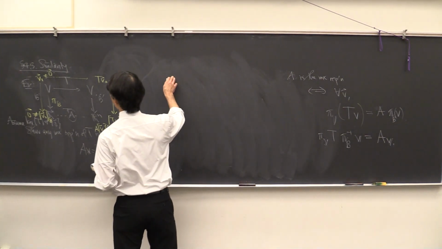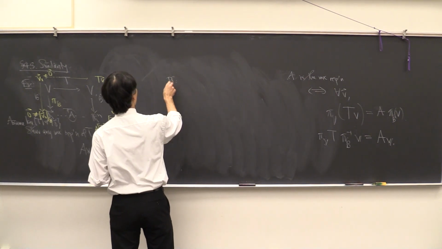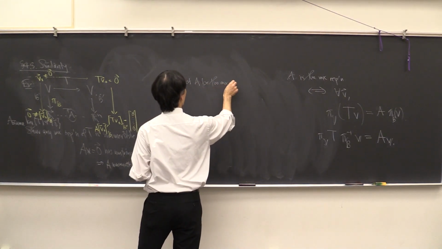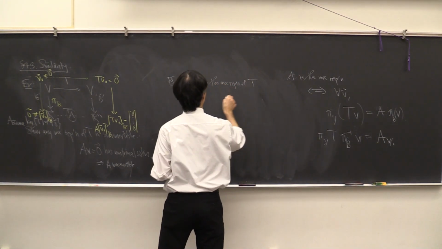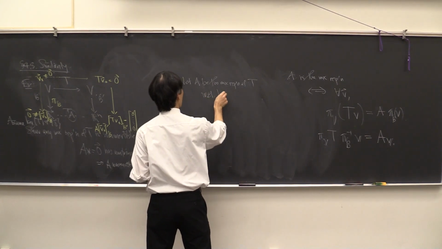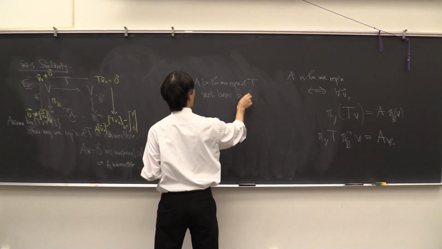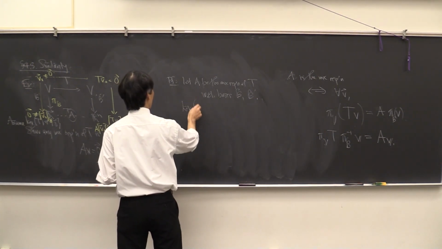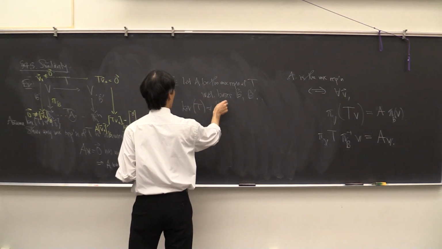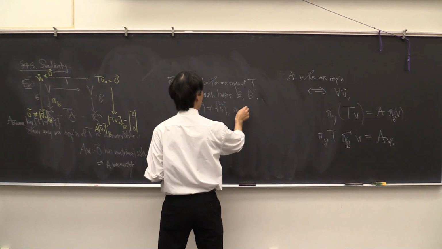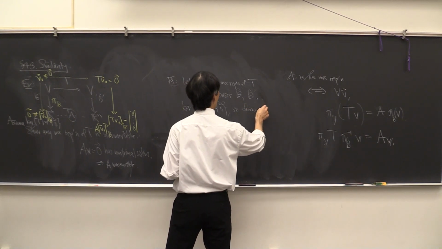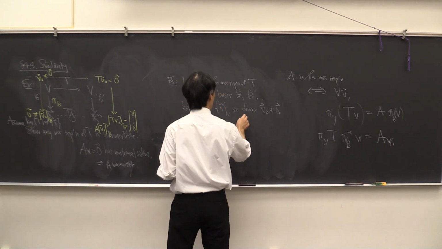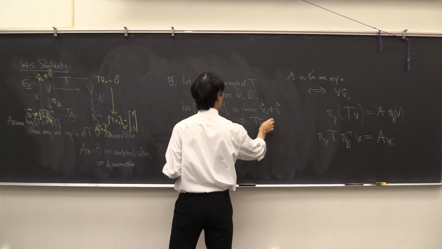Okay, so proof. Let A be the matrix representation of T with respect to bases B and B prime. Since the kernel of T is non-zero, choose some V naught that's not equal to 0, such that T of V naught is 0.